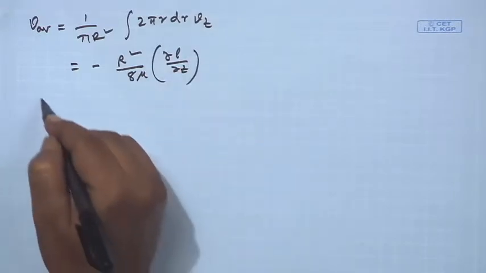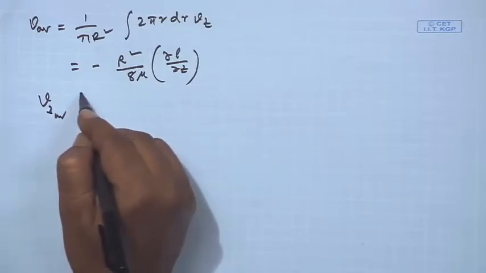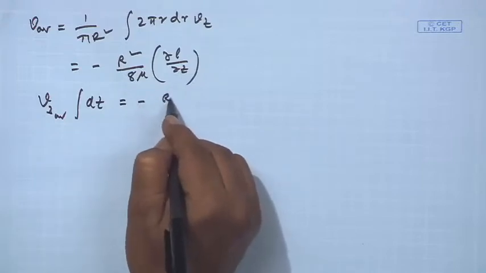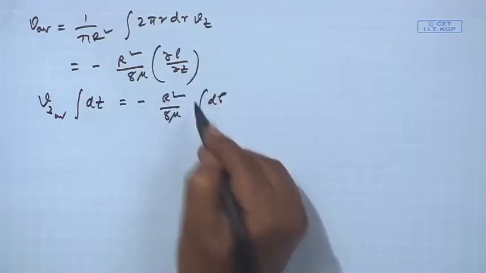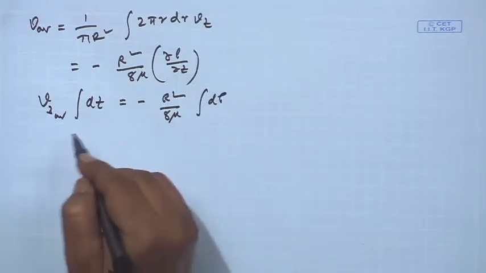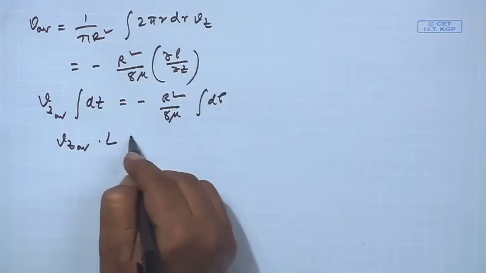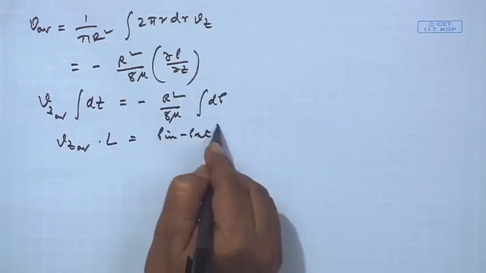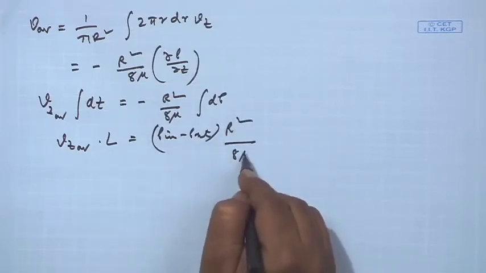So, V z average into dz is equal to minus R square by 8 mu into dP, or V z average into L is equal to P in minus P out, that is delta P, into R square by 8 mu.